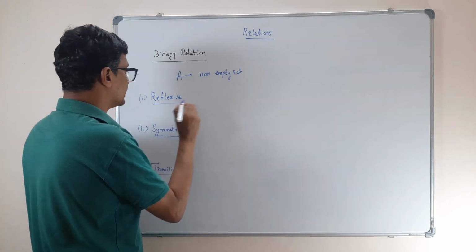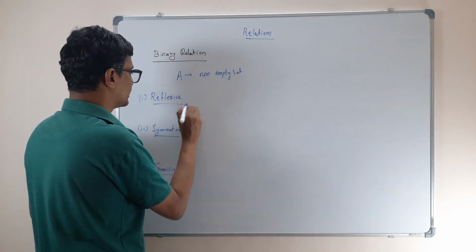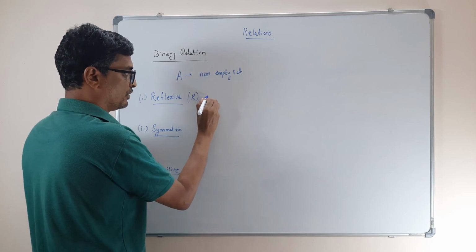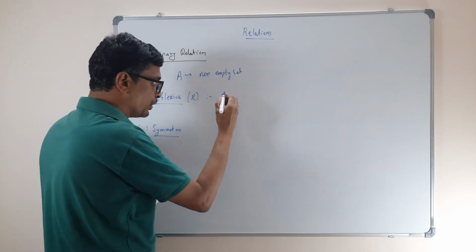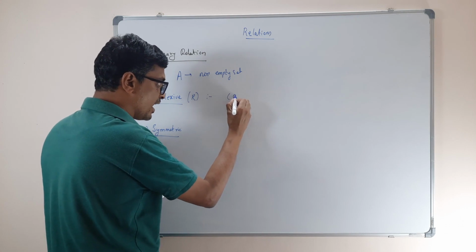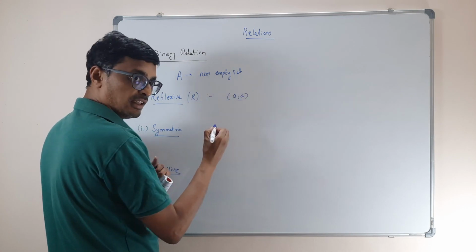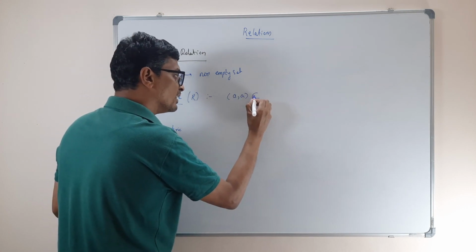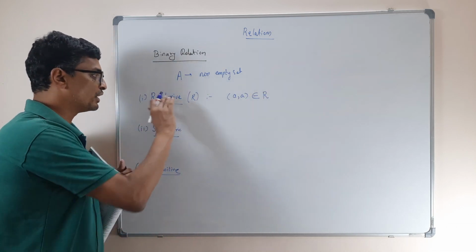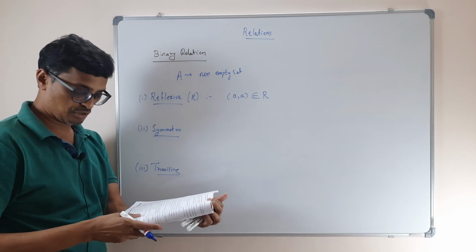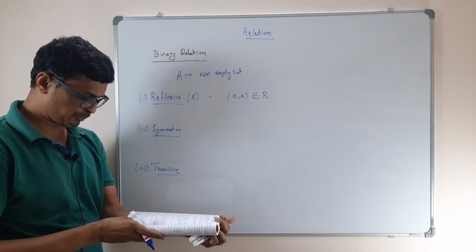Let the relation be R. If A comma A is an element of the relation, then you call that reflexive. We will give an example.